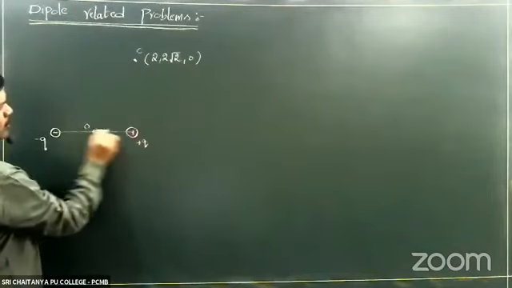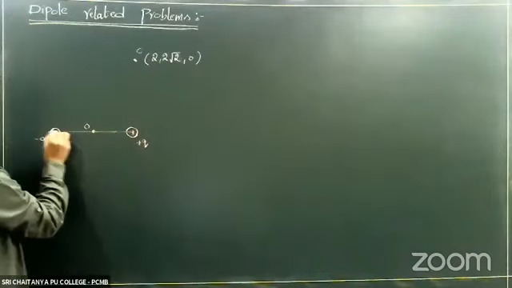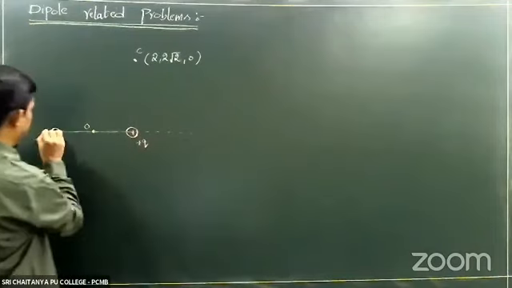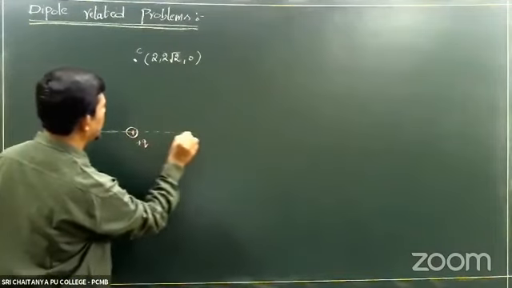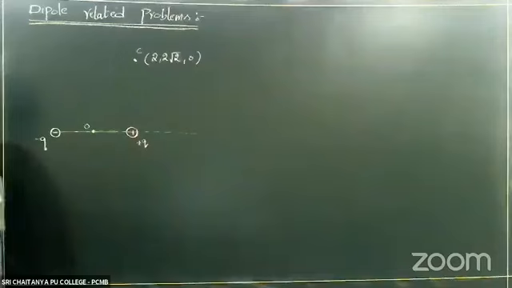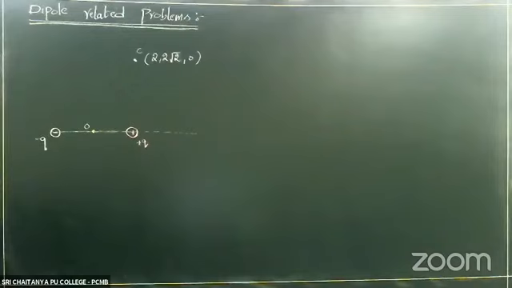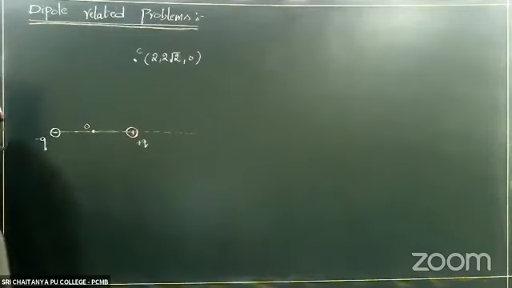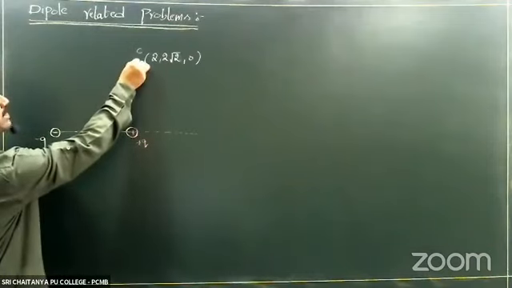This is a dipole and this is the axis of the dipole, and here is a point.